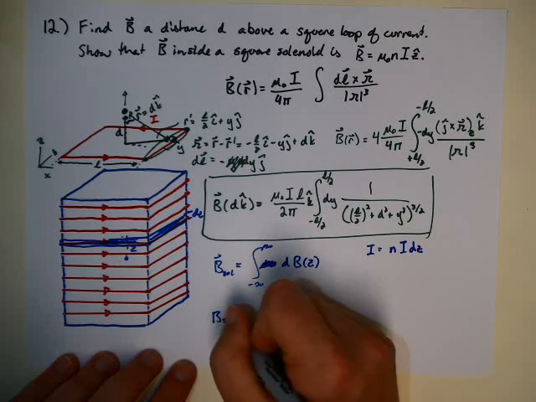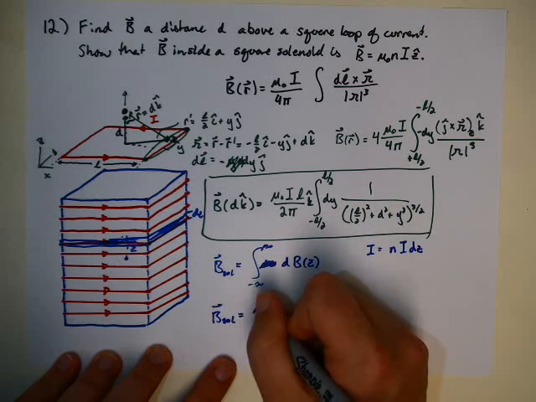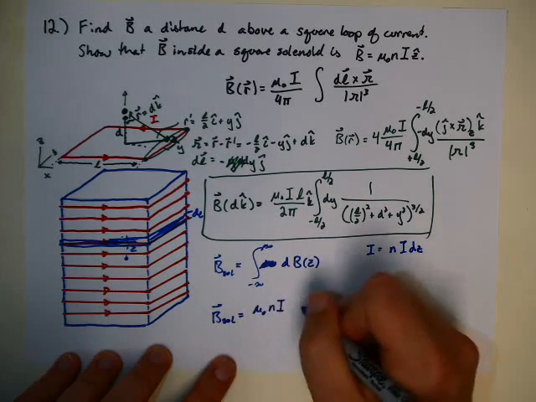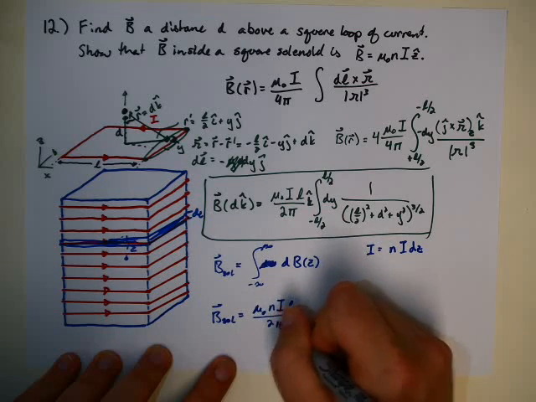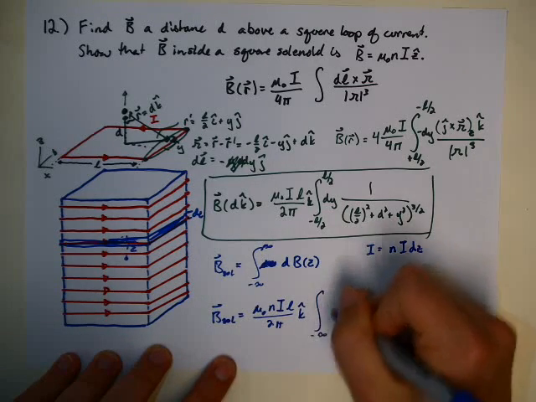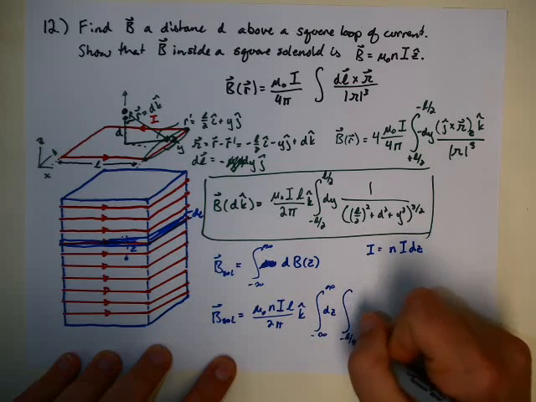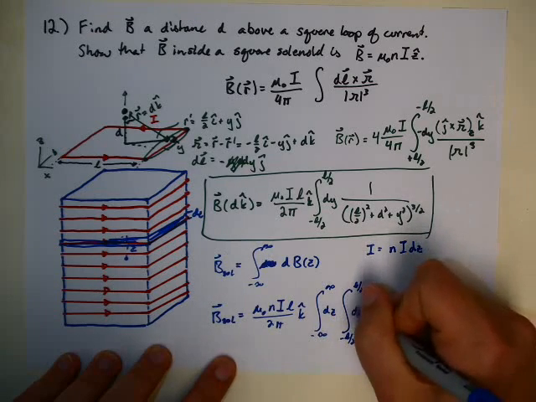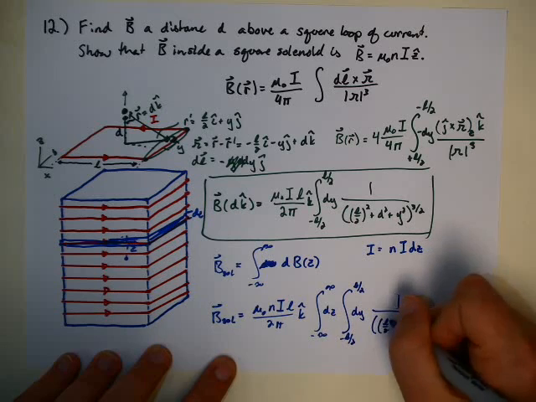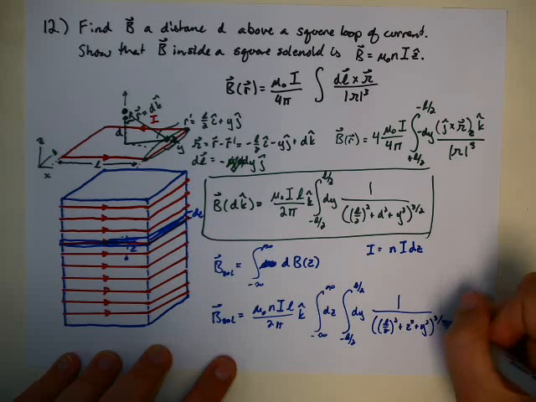And so the magnetic field for the solenoid, made out of this stuff, is, I'm just going to copy this down, mu naught n I L over 2 pi k hat, then an integral from negative infinity to infinity dz, the integral from negative L over 2 to L over 2 dy, 1 over the quantity L over 2 squared plus z squared plus y squared to the 3 halves power.